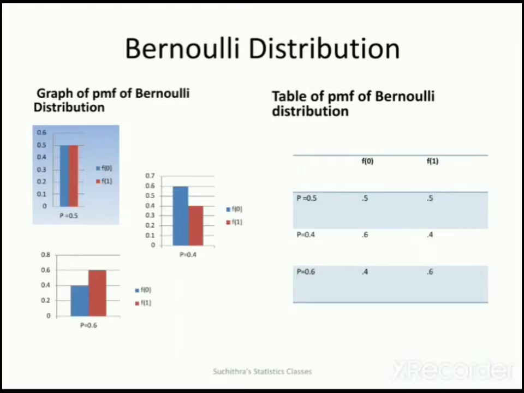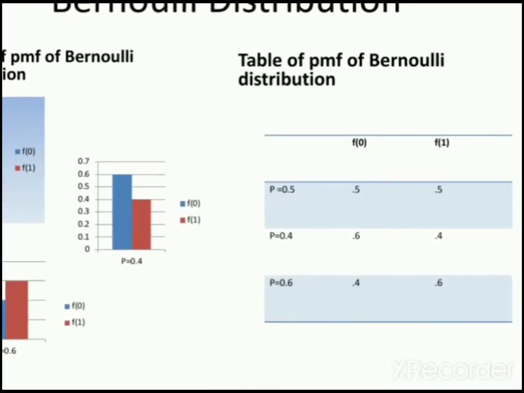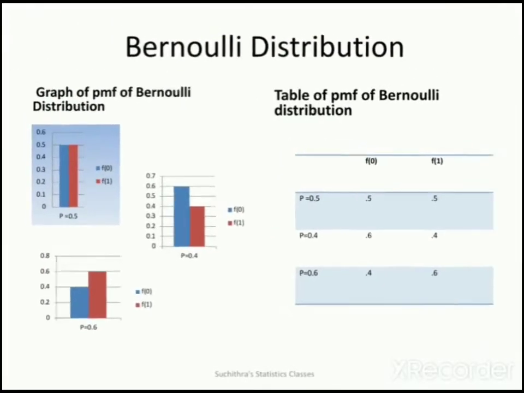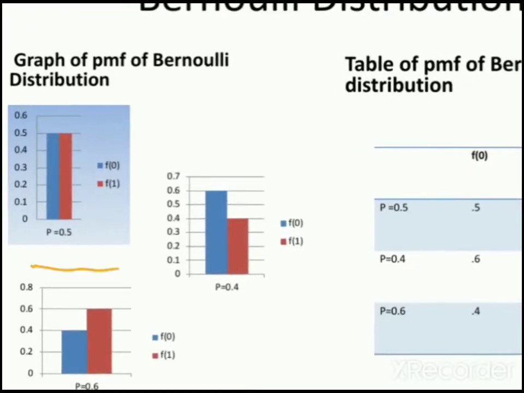The graph of the PMF of Bernoulli distribution. The graph is two adjacent bars and it depends upon the value of p. If p is 0.5, the values are f of 0 equal to 0.5 and f of 1 equal to 0.5. So the graph will be like this.